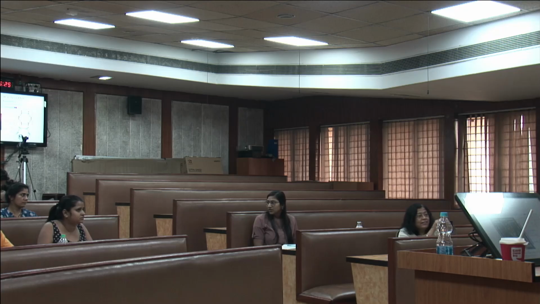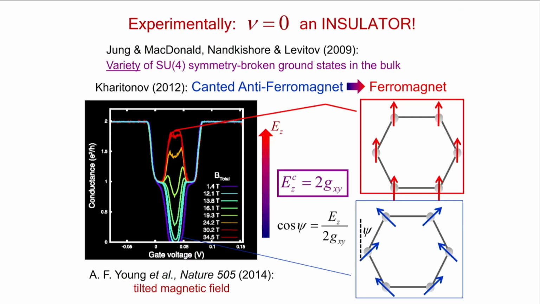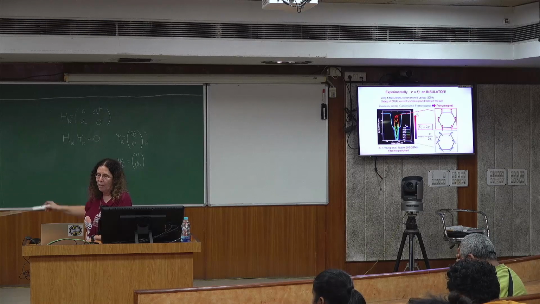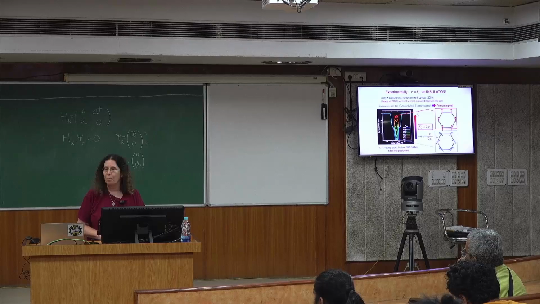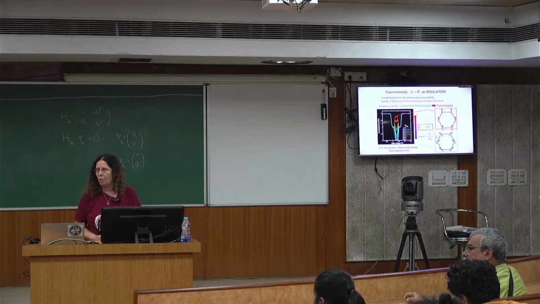The zero conductance is what you get, I mean, this is an interpretation, because the ground state is a canted antiferromagnet, and the canted antiferromagnet does not have these ballistic edge modes, for a reason that I'll soon explain. It is expected to be an insulator.